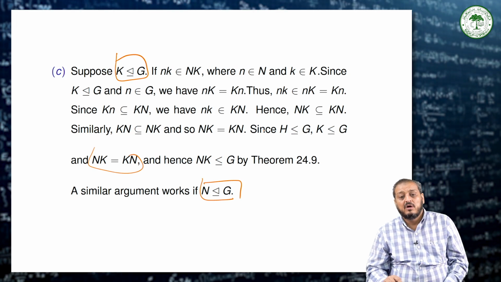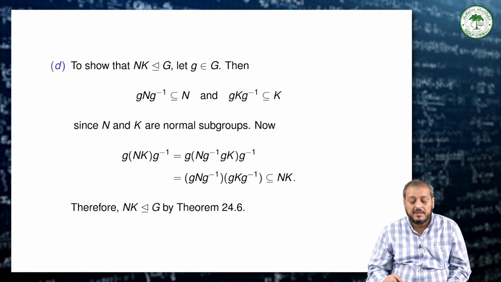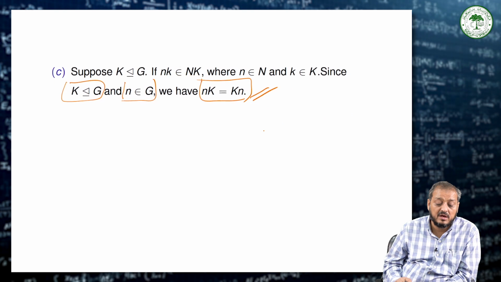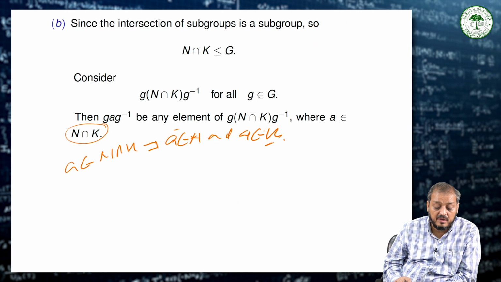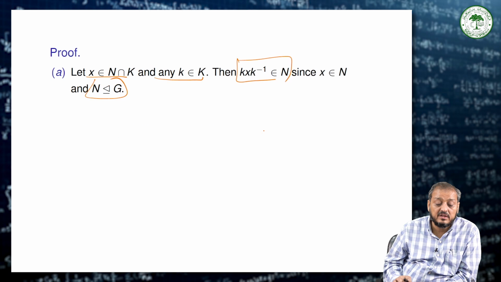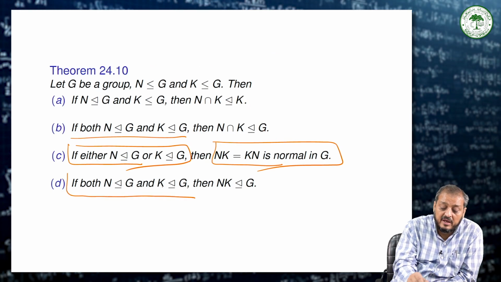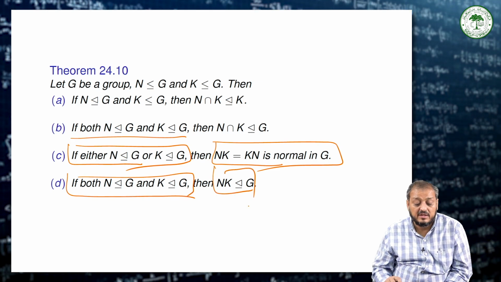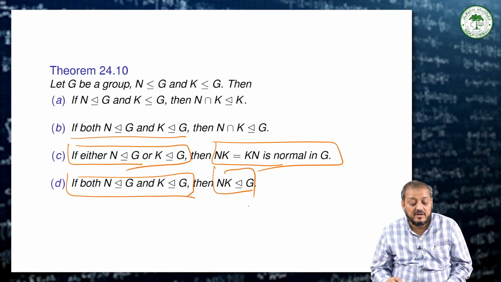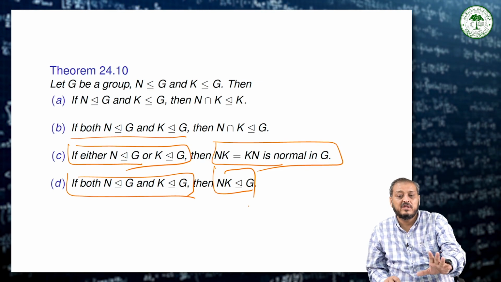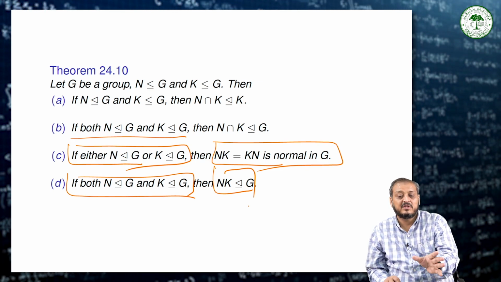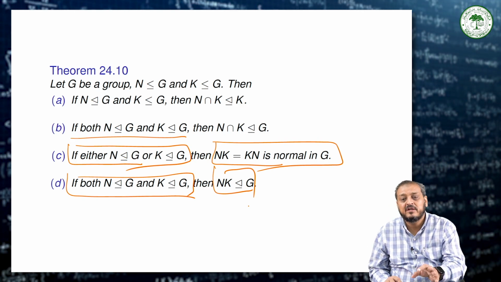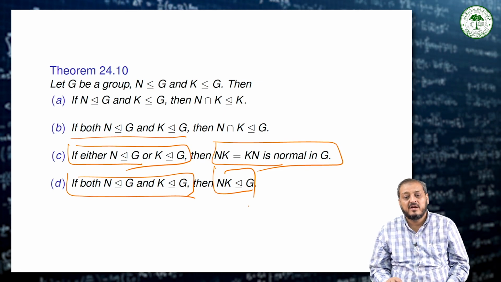Now we try to prove part D, and part D is saying that if both are subgroups and both are normal. If both H and N are normal in G, K is normal in G, then Nk is normal in G. You remember previously we showed that if N is normal in G and K is normal in G, then Nk is equal to Kn, but there is a condition imposed on the intersection, that it is the identity.